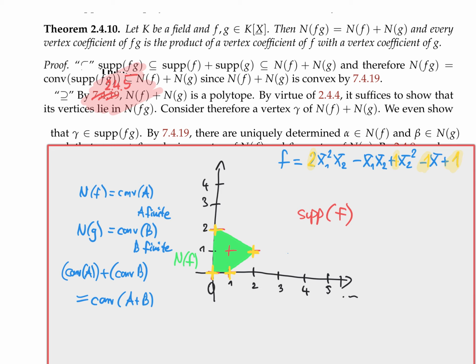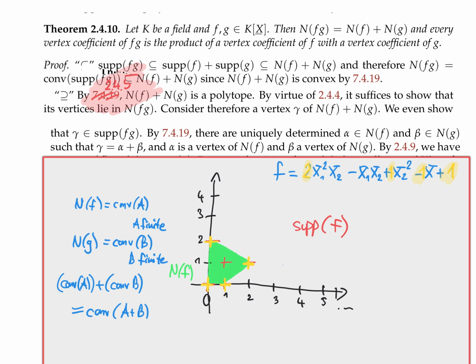We would have to show only that it lies in n of fg, but we even show it lies in the support of fg. By 7.4.19, there are uniquely determined alpha in the Newton polytope of f and beta in the Newton polytope of g, such that gamma is alpha plus beta.